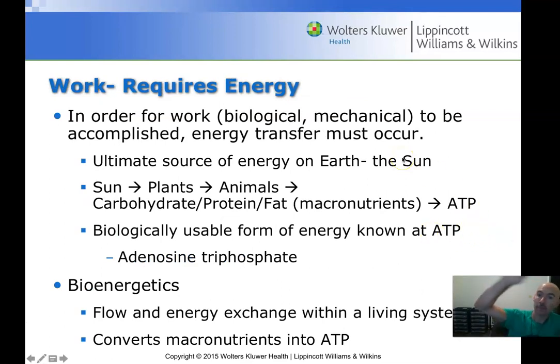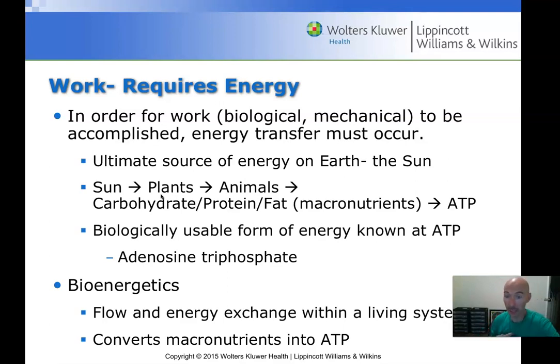The sun releases solar radiation. On the planet Earth, plants, trees, grass, they harness that energy directly from the sun, okay, and they store it as carbohydrate, okay? So solar radiation gets converted to carbohydrate energy by plants, okay?